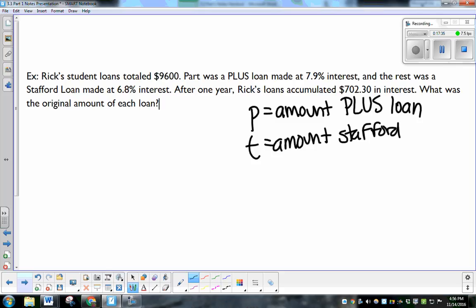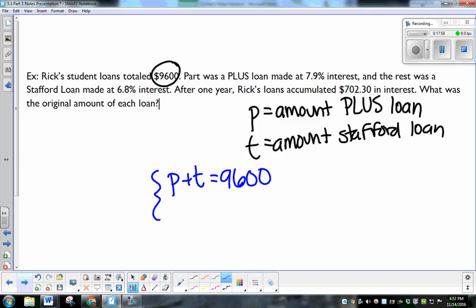I just used T because I didn't want to use S. We know that all together, his loans were $9,600. So that's going to be my first equation here: P plus T, the amount of the PLUS plus the amount of the Stafford, equals $9,600.